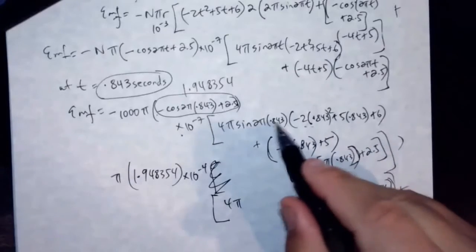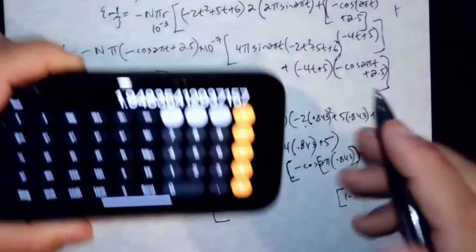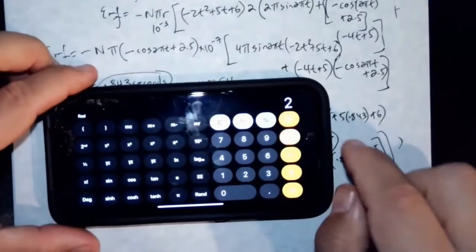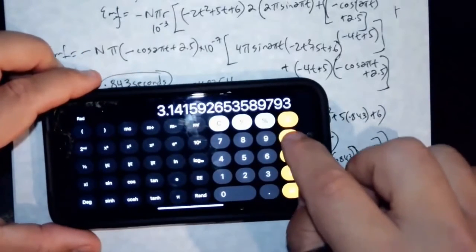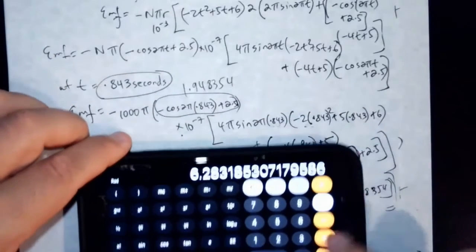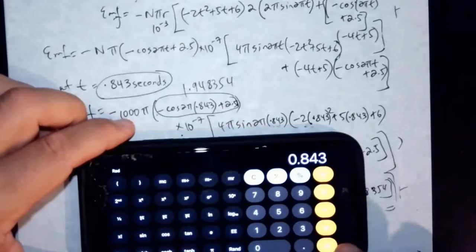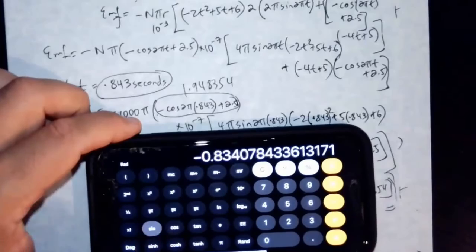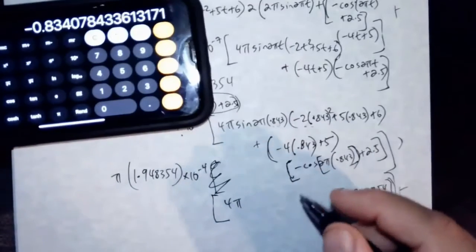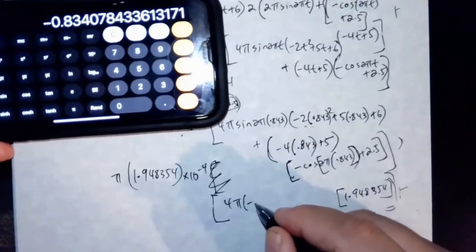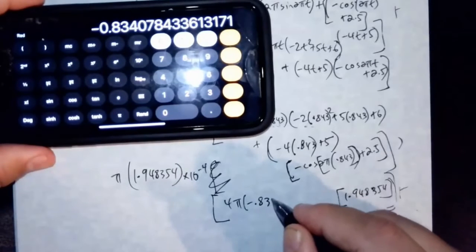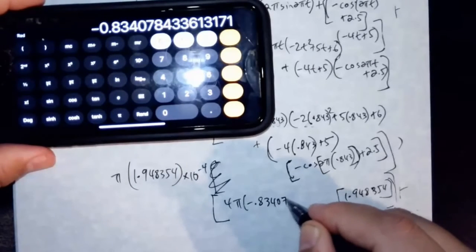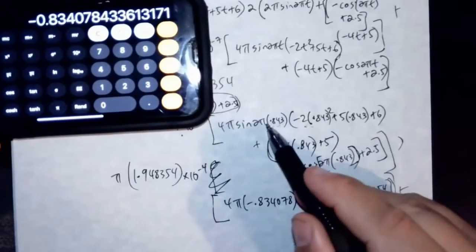Okay, so now let's calculate sine of 2 pi. So 2 times pi times 0.843 sine. Okay, so this was going to be negative 0.834078. That's that.